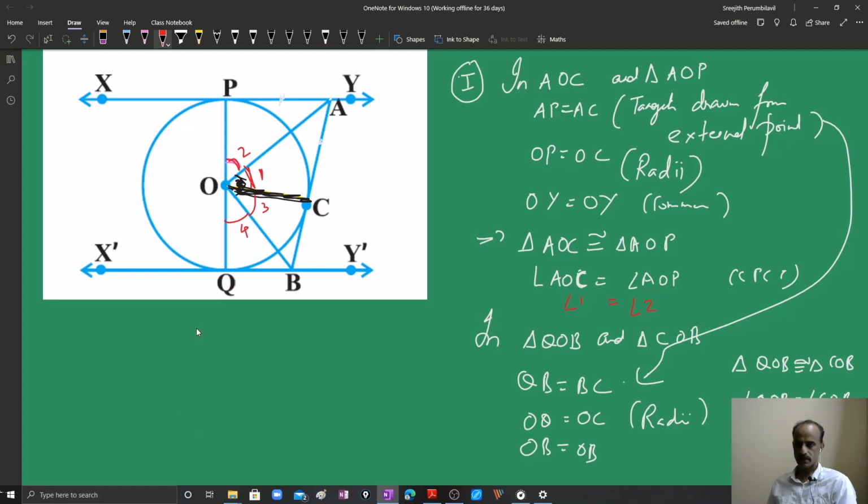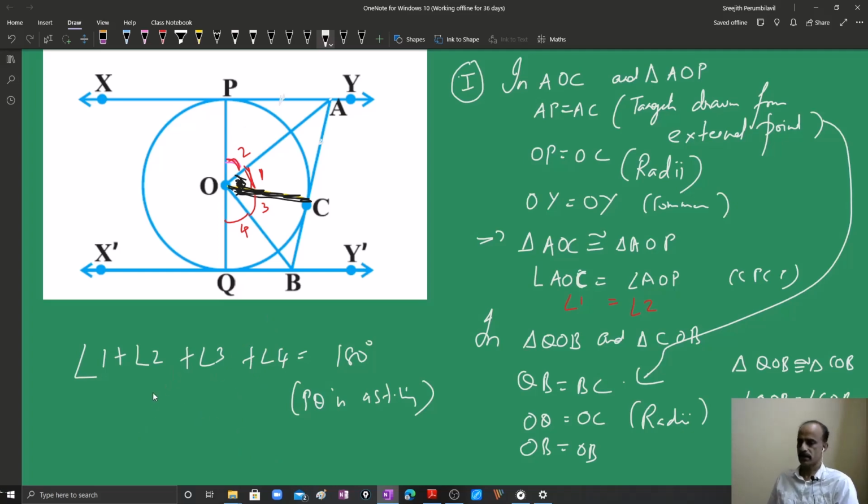But what do you know about angle 1 plus angle 2 plus angle 3 plus angle 4? It is equal to 180 degrees, because PQ is a straight line.